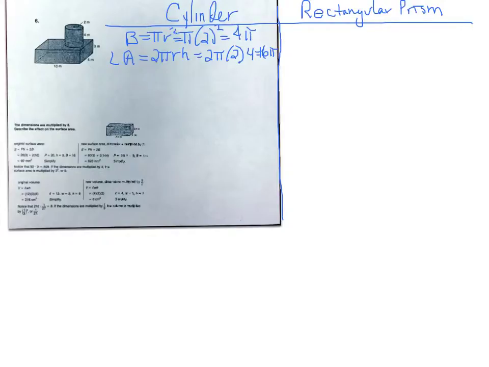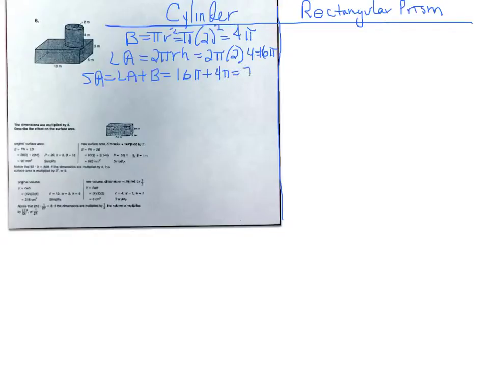So for the surface area, you were supposed to have the lateral area plus, in this case, what I'm going to do is a little different. I'm not going to add the area at the bottom of the cylinder because that's being covered. So just plus 1 base. I could have done that also on that first problem, number 5. So lateral area is 16 pi plus the area of the base, which is 4 pi.